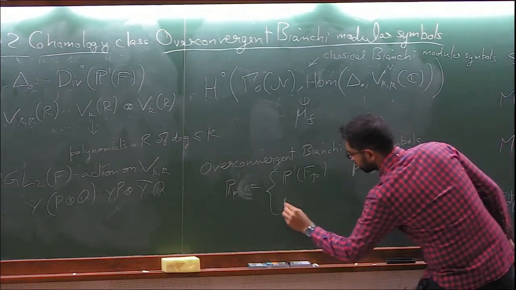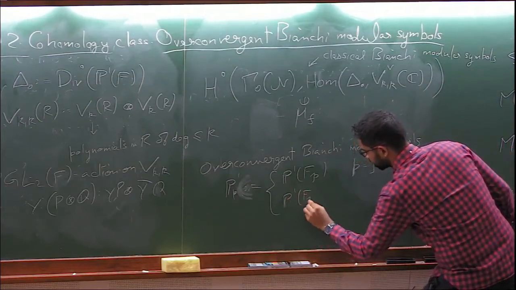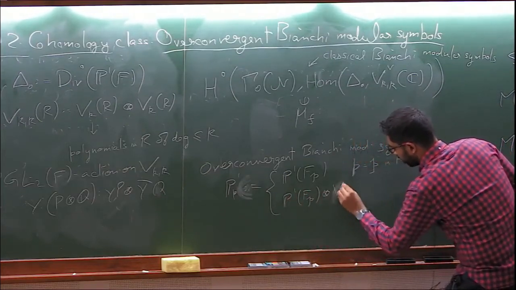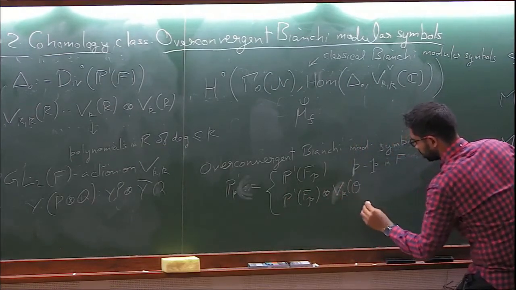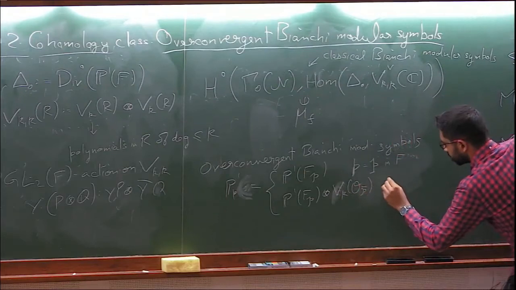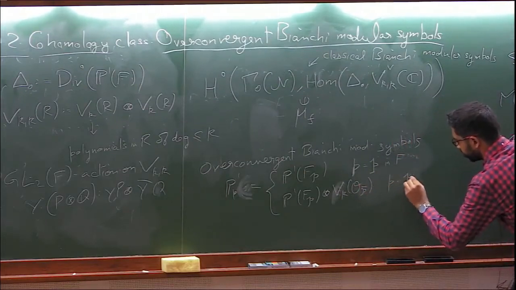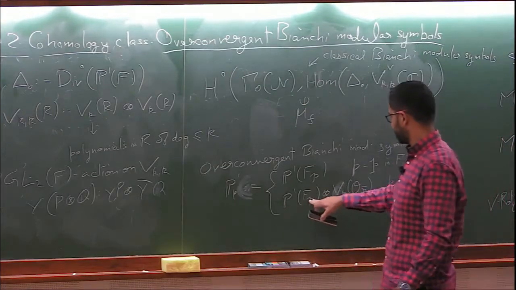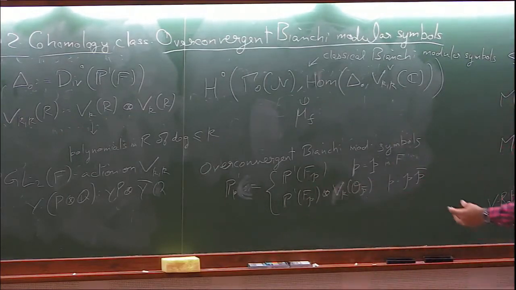It's slightly different when p splits. So it's P^1(F_p) tensor V_k of p bar, when p splits. I told you, script p will be the prime that concerns us, but when it splits, you have to throw in a factor.